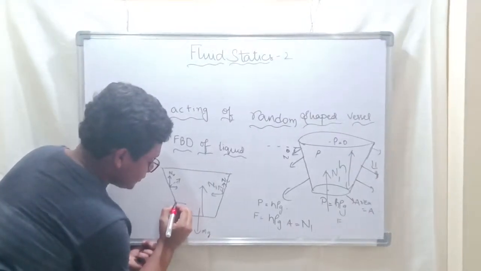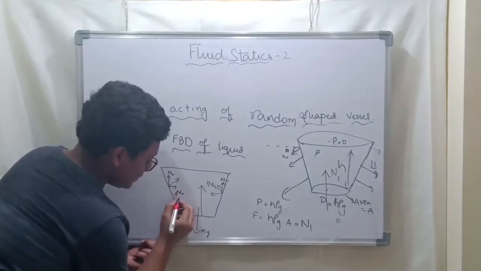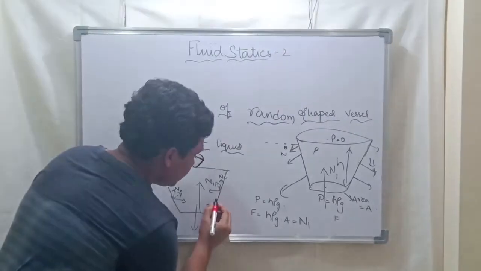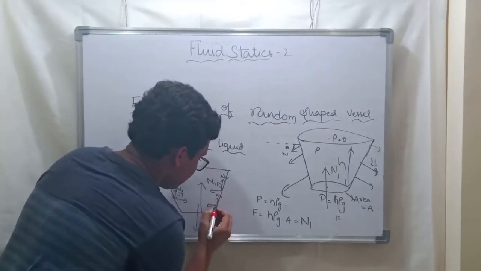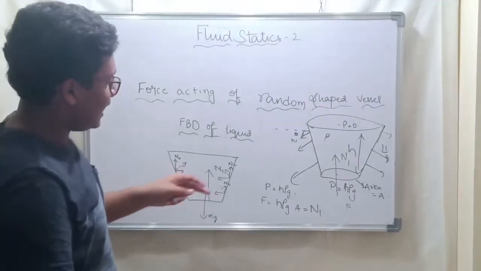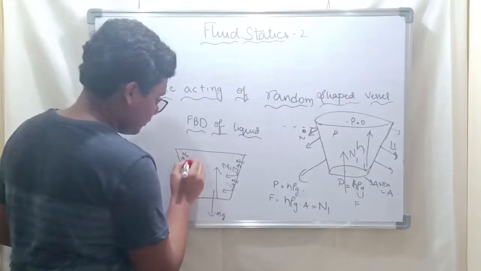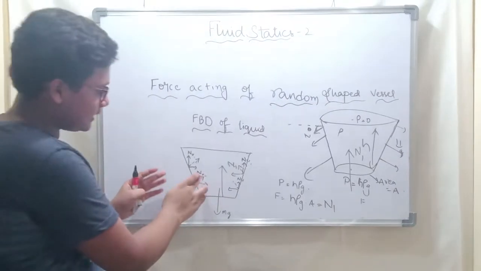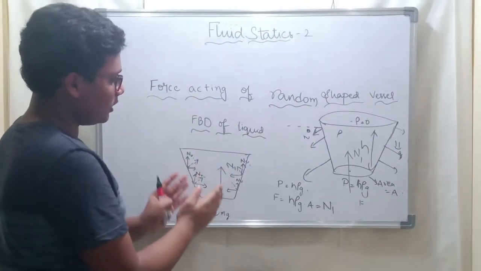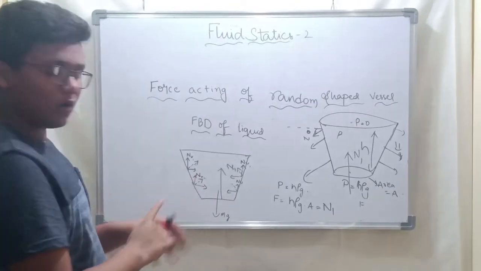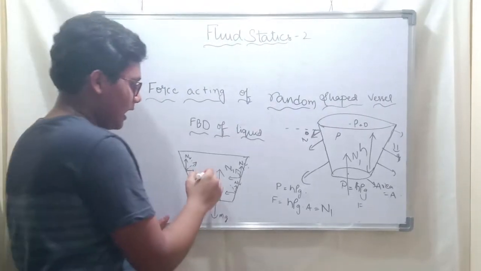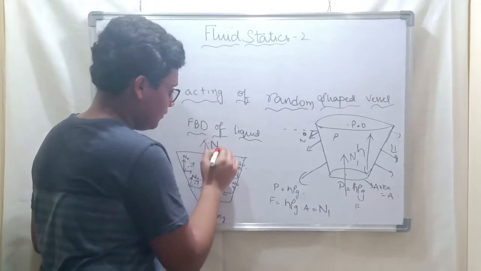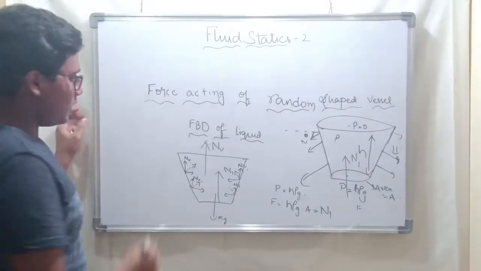Similarly at this point also, this will be the resultant, and here this will be the resultant. This NV will be the resultant. Like that we can take many, NV1, NV2. These are the resultants, no? So by adding all those we'll take an NV in this direction.